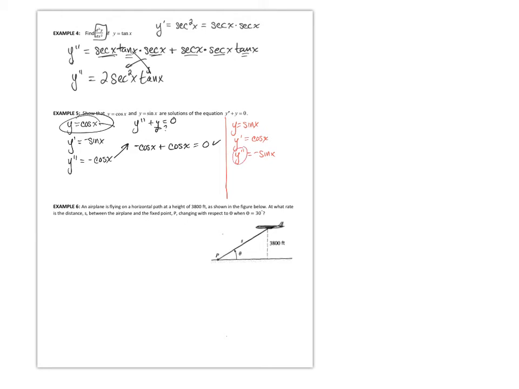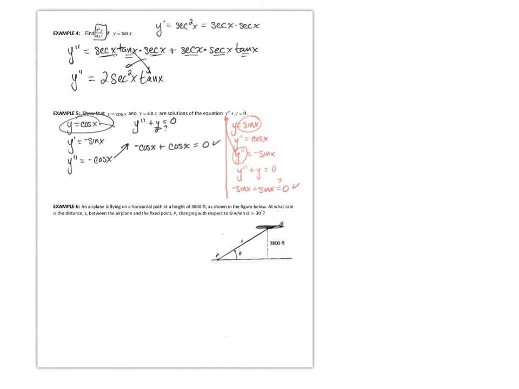When we put y double prime into the equation for y double prime plus y equals 0, we're going to get negative sine of x plus y, which is sine of x, and checking to see does that equal 0. Sure enough, it does. So that's a pretty straightforward problem. It's always nice when they tell you to show that something is true, because you know it's going to work out.